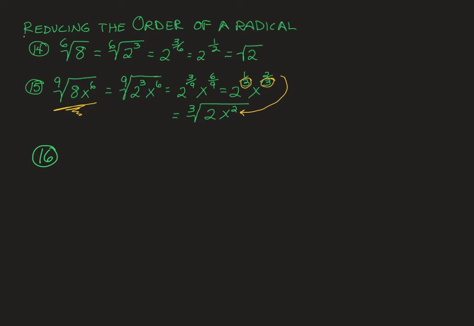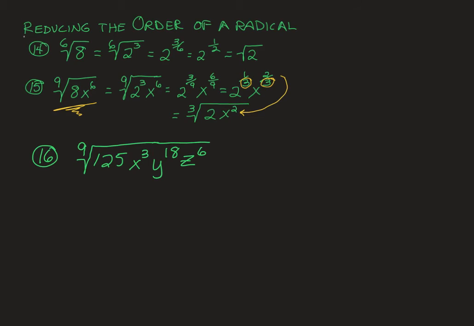Okay, let's do the ninth root of 125 x cubed y to the 18th z to the 6th. Yeah, we'll just leave it z to the 6th there.